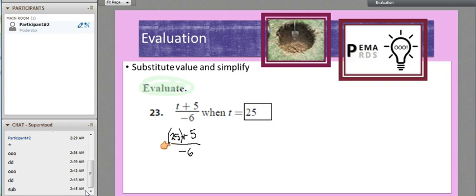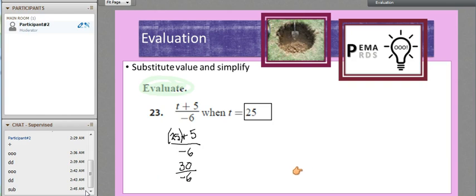I do have a division symbol here, but remember, I have to simplify the top first. So I only see addition. Let's go ahead and do that. 25 plus 5 is 30. Copy down what I don't change. The last thing I do, and you notice I'm going to come over here to the side. I ran out of room here.